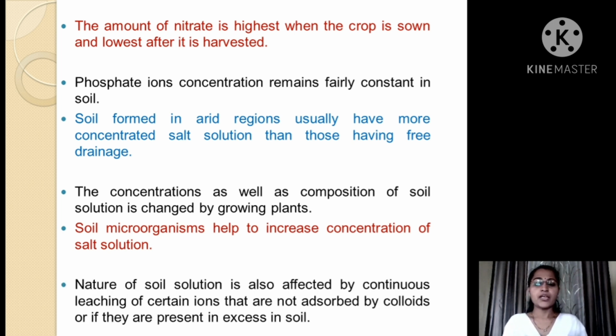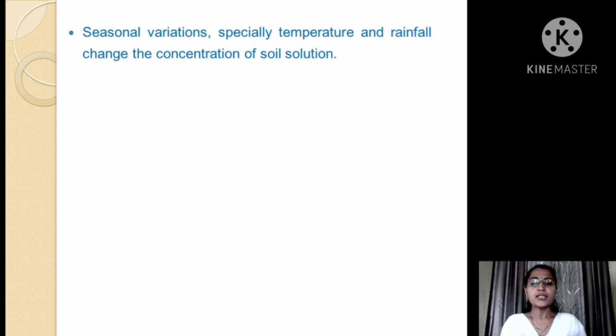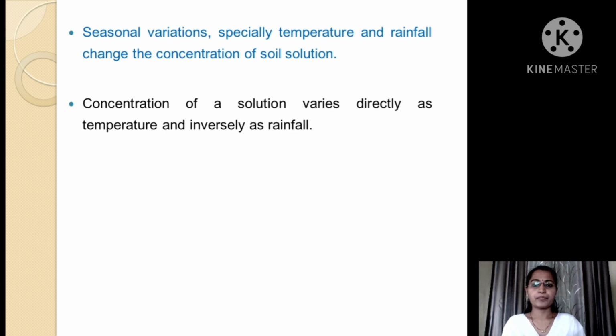Nature of soil solution is also affected by continuous leaching of certain ions that are not absorbed or adsorbed by colloids, or if they are present in excess in soil. Seasonal variations, especially temperature and rainfall, change the concentration of soil solution.